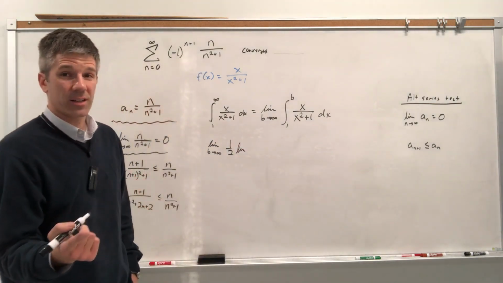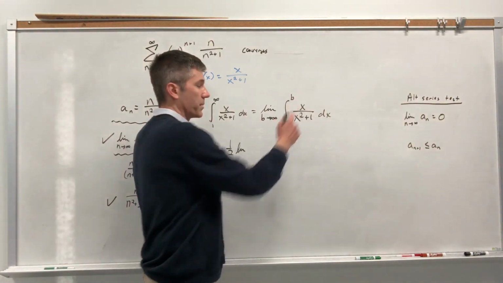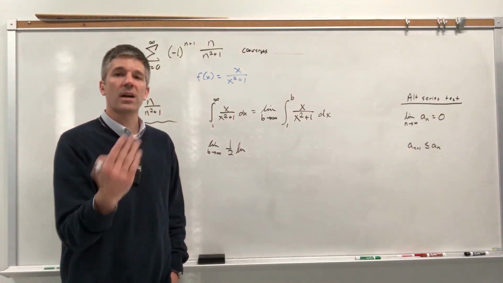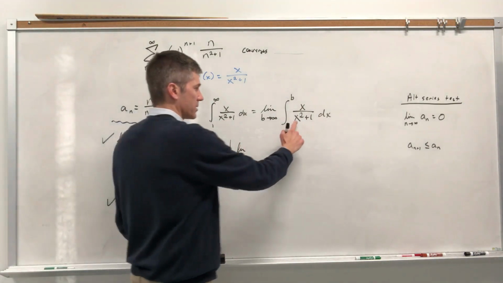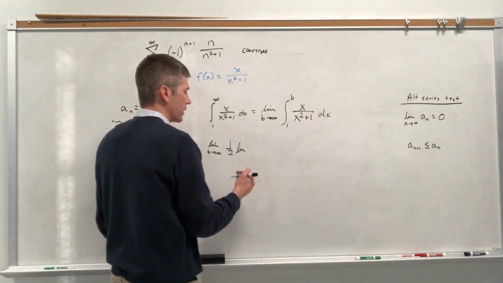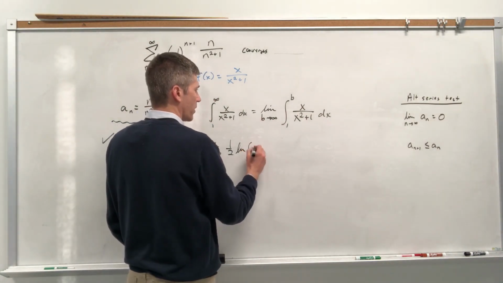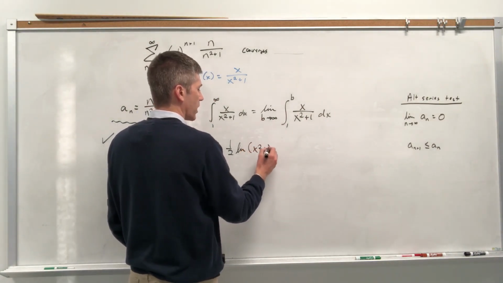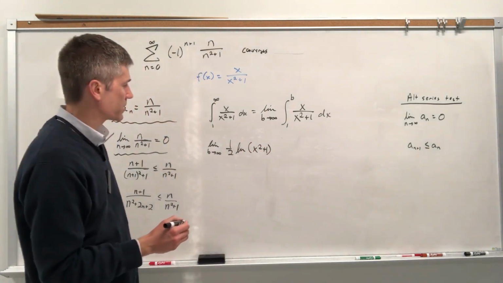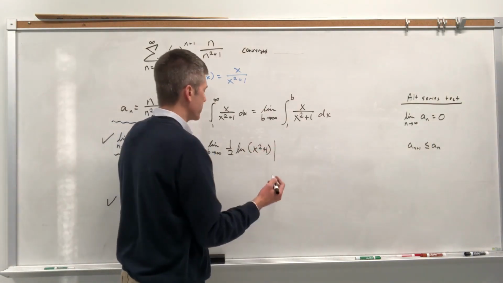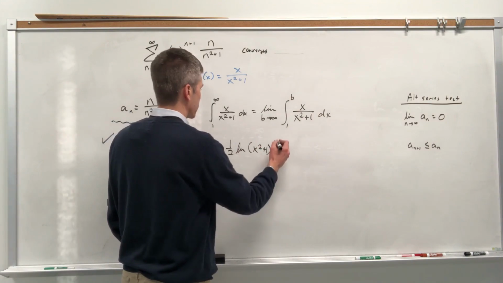By the way, it looks like arctan, but it's not, because our numerator is x, not some constant, and the fact that this is x squared. Anyway, natural log of x squared plus 1. I'd love to put absolute value bars on that, but everything we're dealing with is positive anyway.